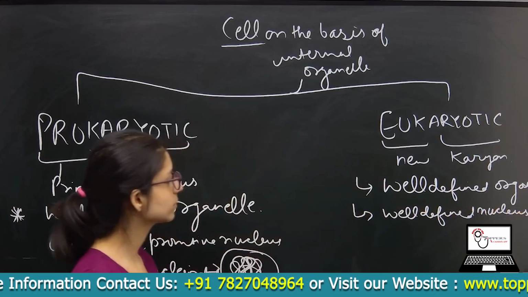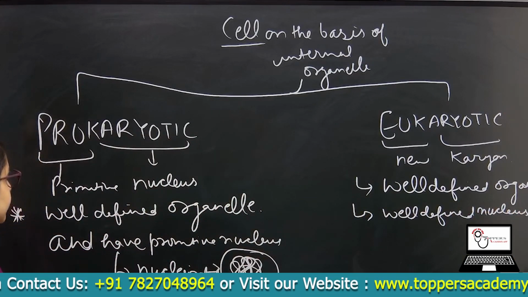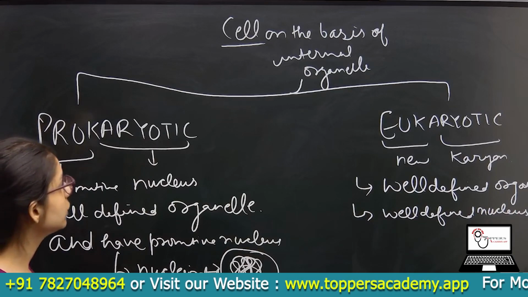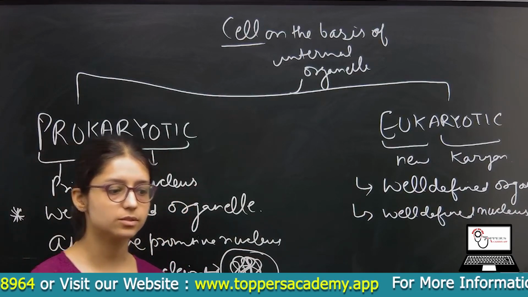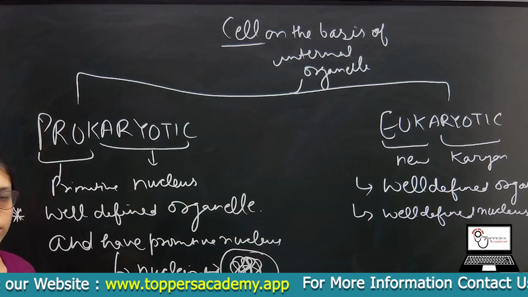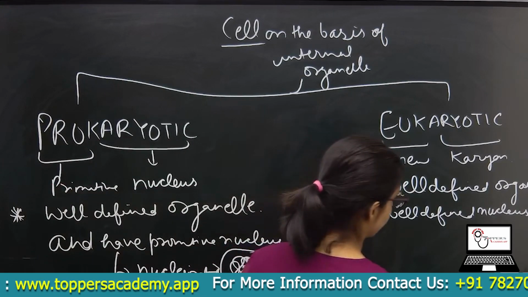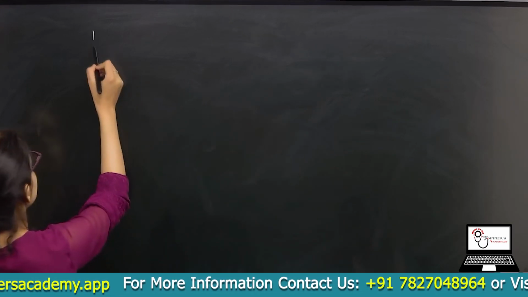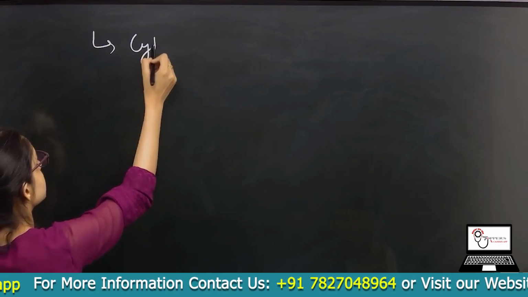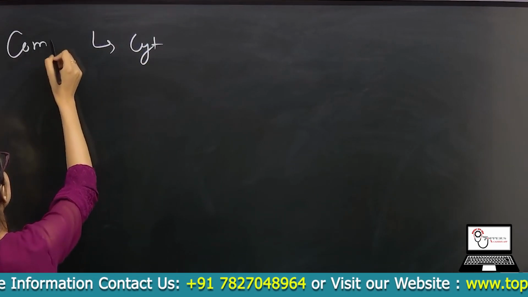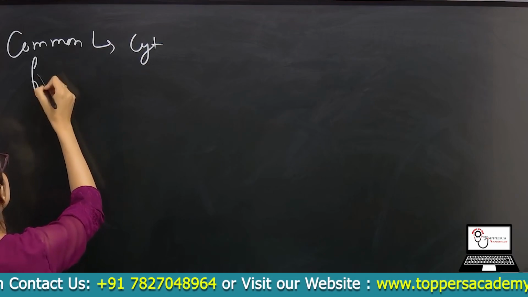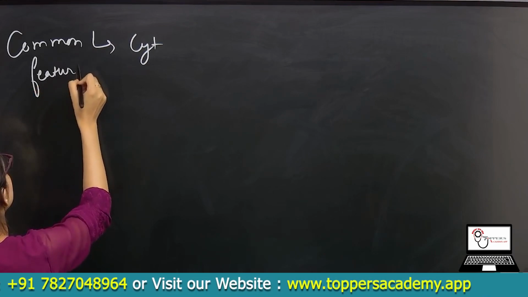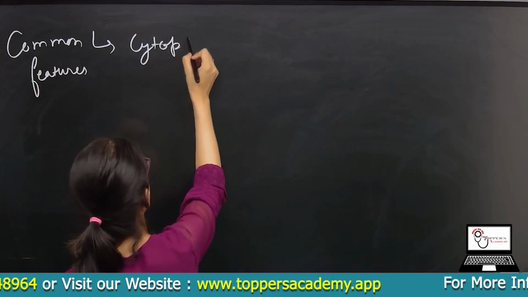Right? Okay. So I already told you the basic difference. So what is common in both pro and eu? Cytoplasm is a common feature. Both have cytoplasm.